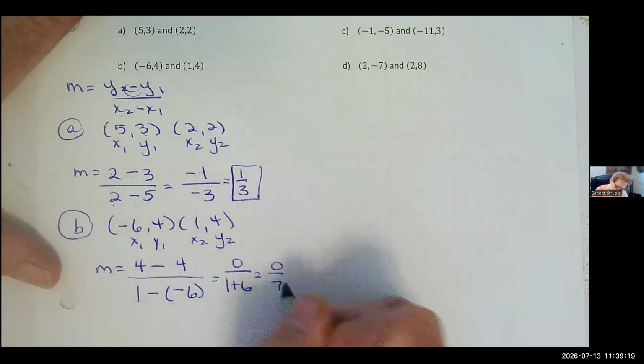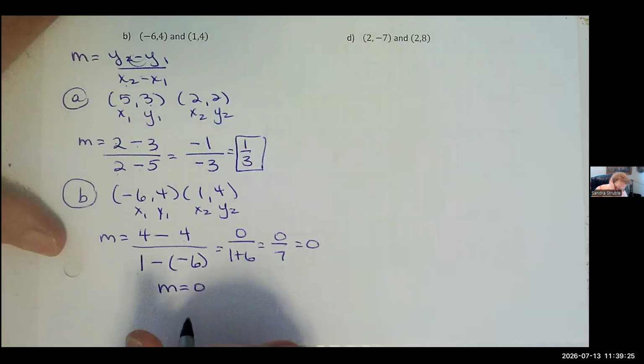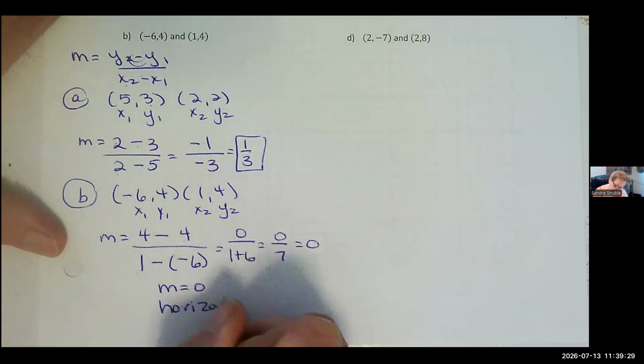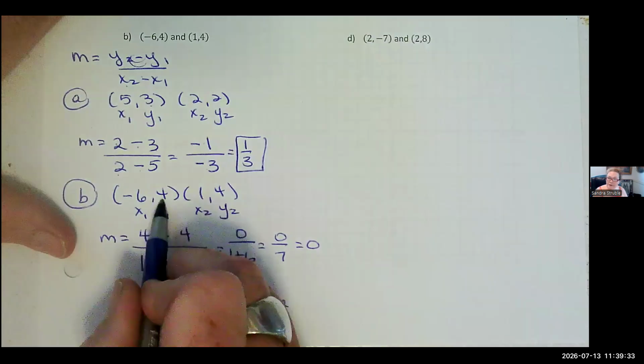So M is 0, which means this is a horizontal line. Okay, you can see it. It's y equals 4.